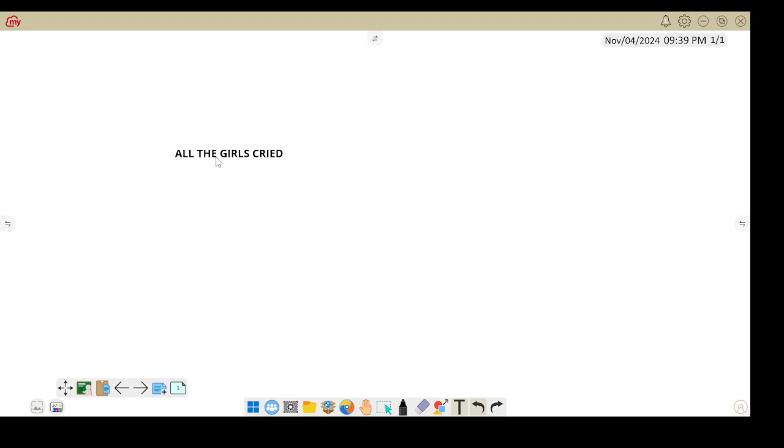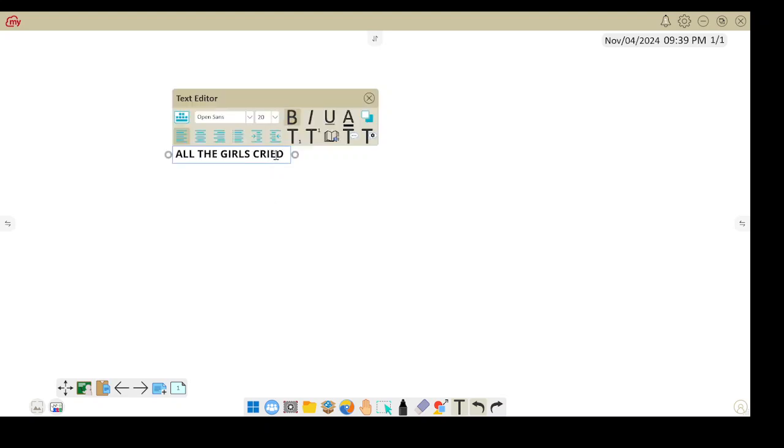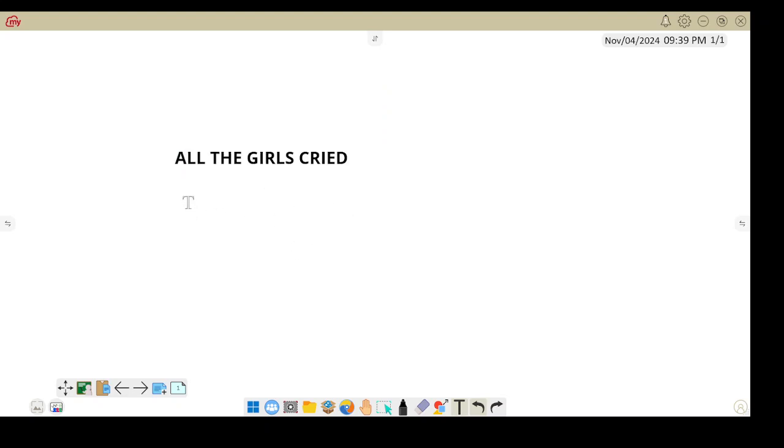Oh yeah, it will make sense. All the girls cried. This will be our mnemonic to understand the base pairs.